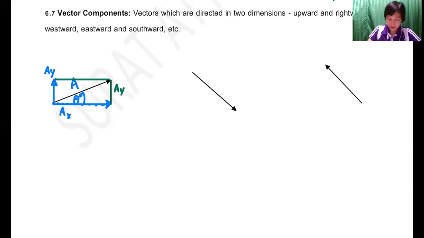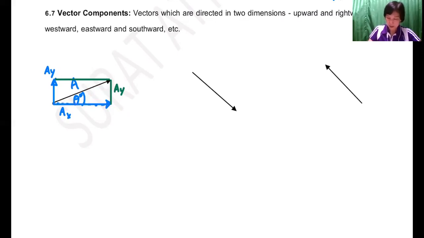Next we will consider this right triangle. This side is called the opposite side to the angle, and this side is called the adjacent.